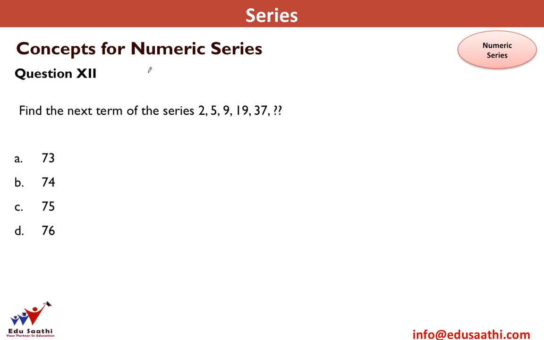Let's look at this first question on numeric series. This is the one which we already discussed in the first slide. So I'll just repeat this: 5. The second term is nothing but the first term, which is 2, multiplied by 2 plus 1. This third term here is the second term, 5 into 2 minus 1. This fourth term is 9 into 2 plus 1.